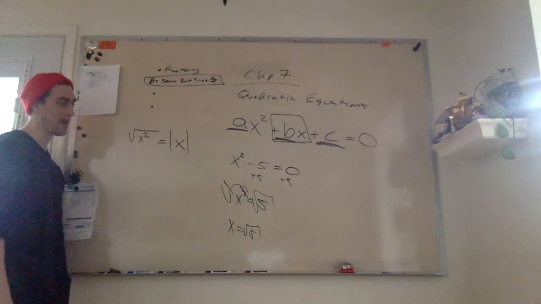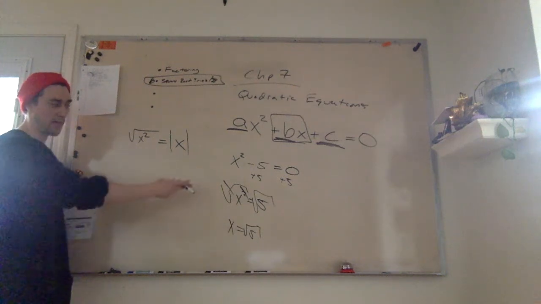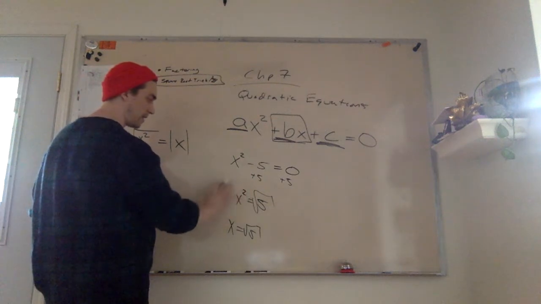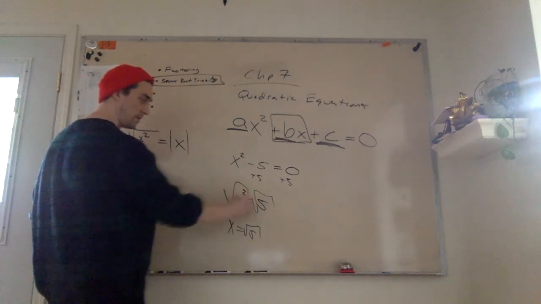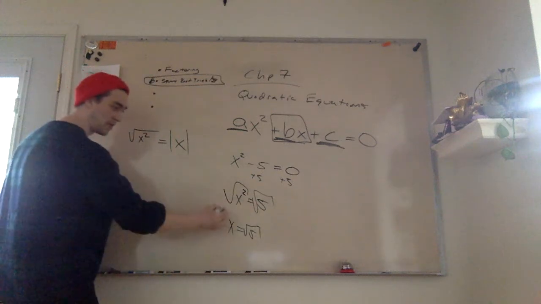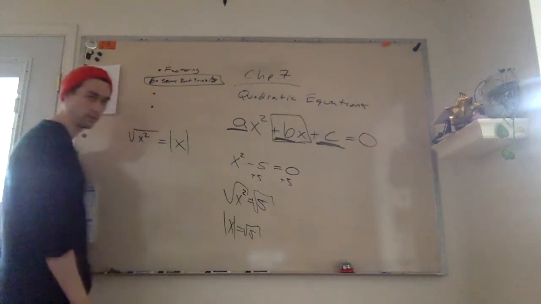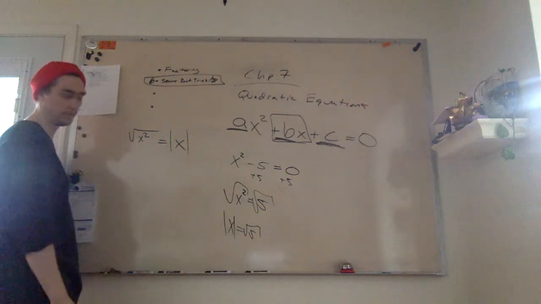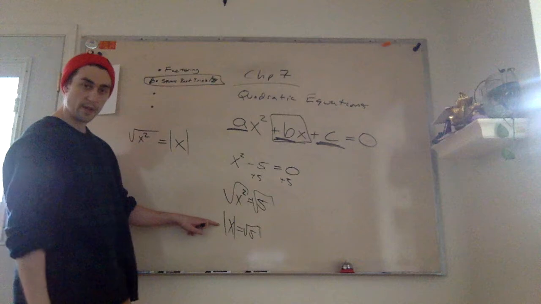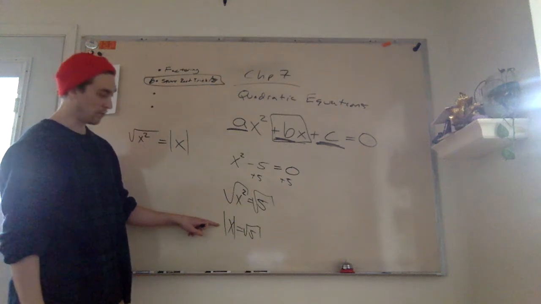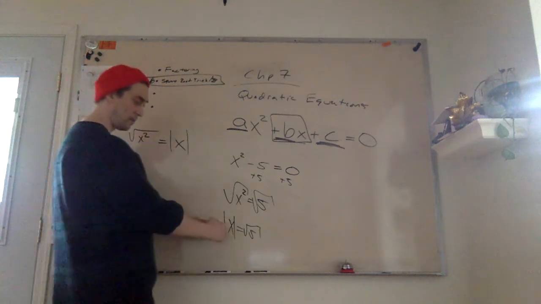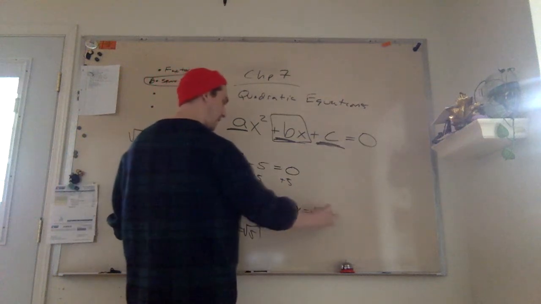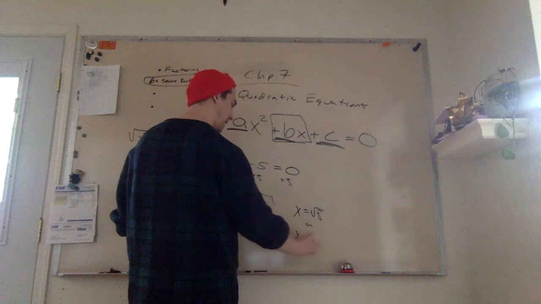So this is going to come back now, because that's what's happening here. When you take the square root of x squared in order to solve this, you actually get the absolute value of x. And now, if you remember how to solve absolute value equations from chapter 1, if the absolute value of x equals the square root of 5, then x equals positive that, or x equals negative that.